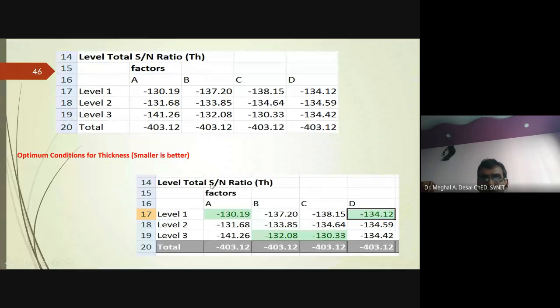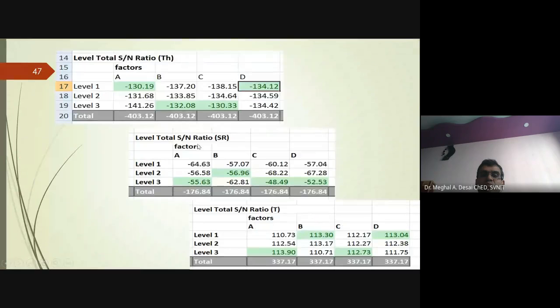Now when I am focusing on the level total signal to noise ratio and finding the optimum condition, I need to select the highest value. Many times I have seen people think, if it is smaller is better, then the value should be smaller, that is minus 141. No, here also you have to take the highest value. Please remember that. So you get A1, B3, C3 and D1 as the optimum.